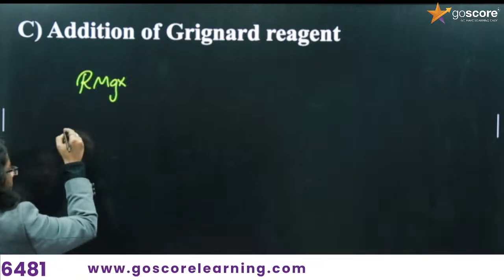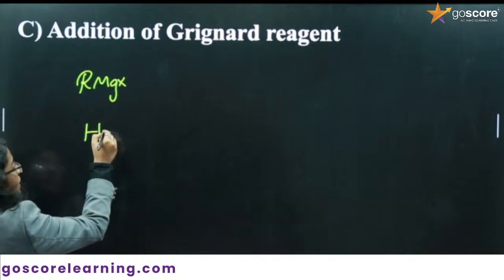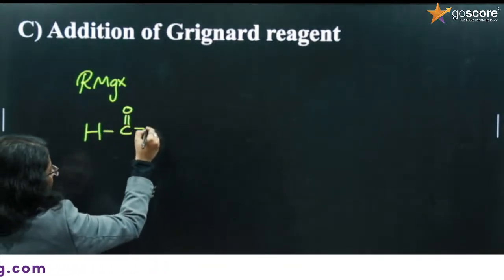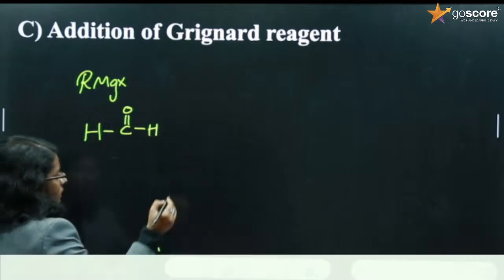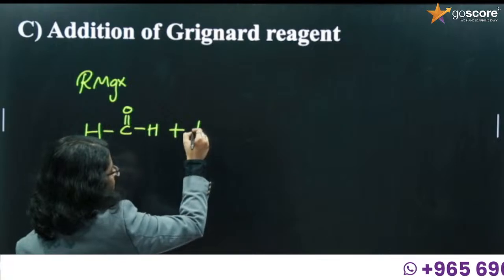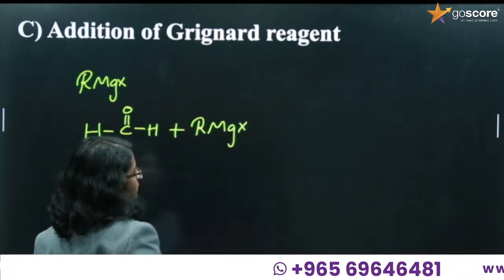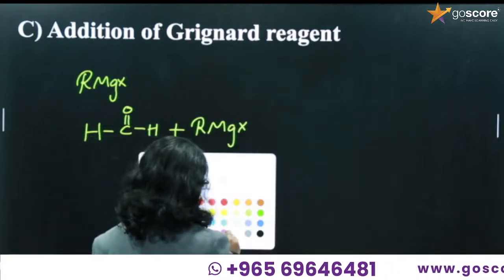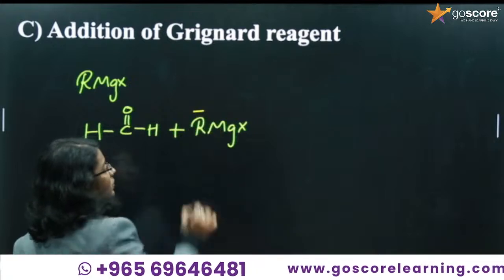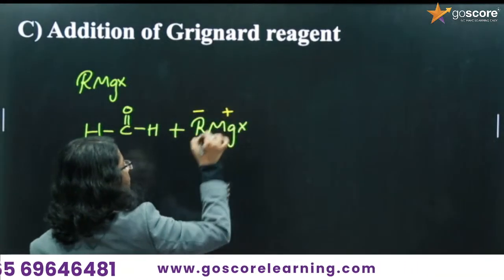So first we are reacting with formaldehyde. The formula of formaldehyde is H-C double bond O-H. This on reacting with Grignard reagent, that is RMgX. Here the alkyl part is the negative nucleophile and this MgX will be positive.